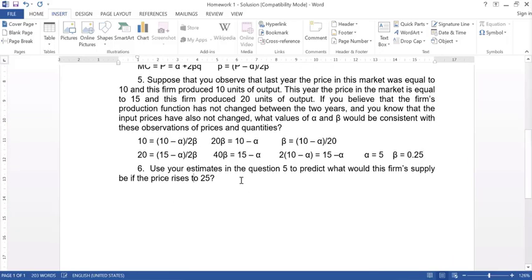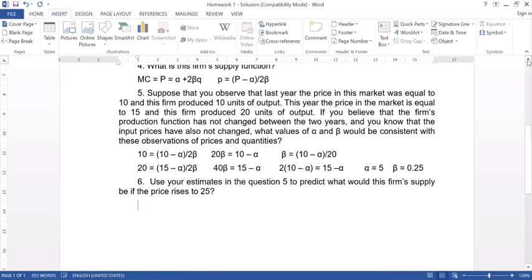Now, question number 6. Use our estimates to predict what this firm's supply would be if the price rises to 25.